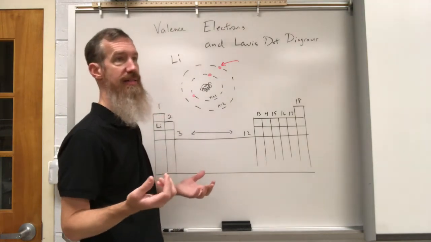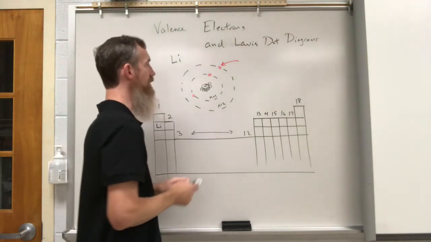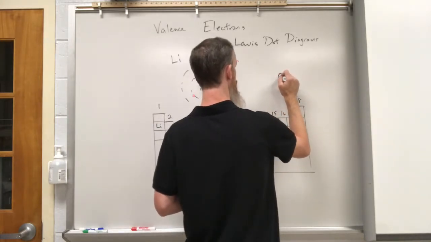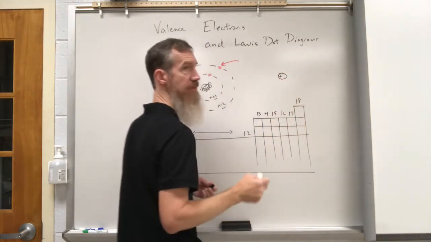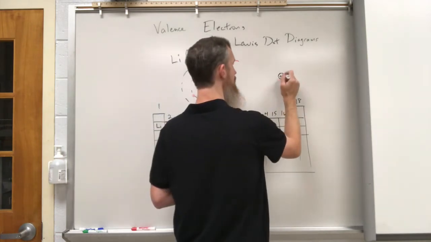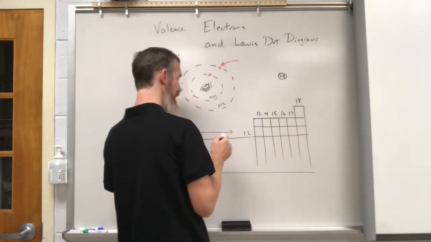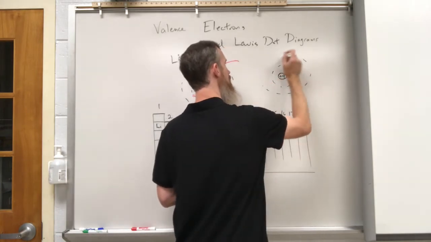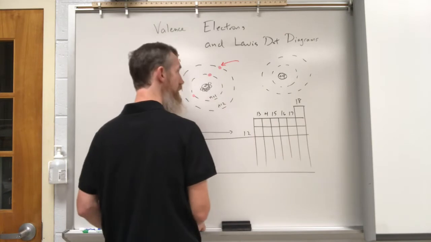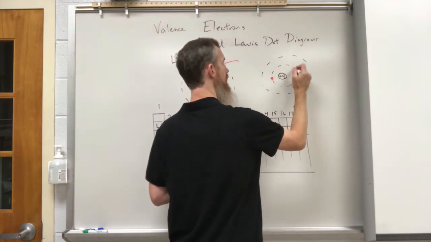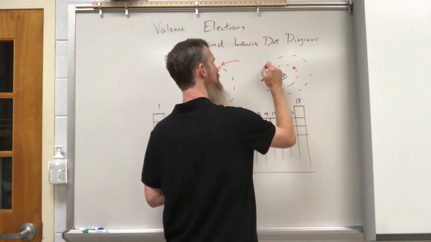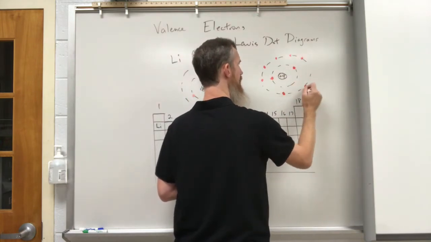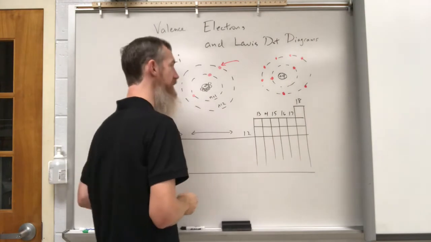If I had, say, another atom of fluorine, and I'm not going to draw all the protons because it would take me a while, but fluorine has 9 protons, and fluorine would have 9 electrons. And so we would have the 2 electrons here, and then 1, 2, 3, 4, 5, 6, 7 electrons on the outside. That would be a total of 9.